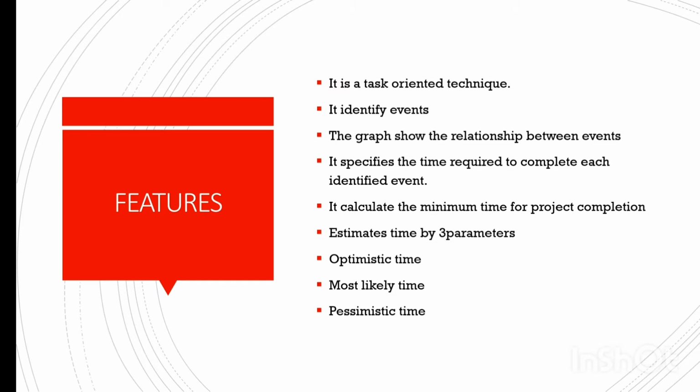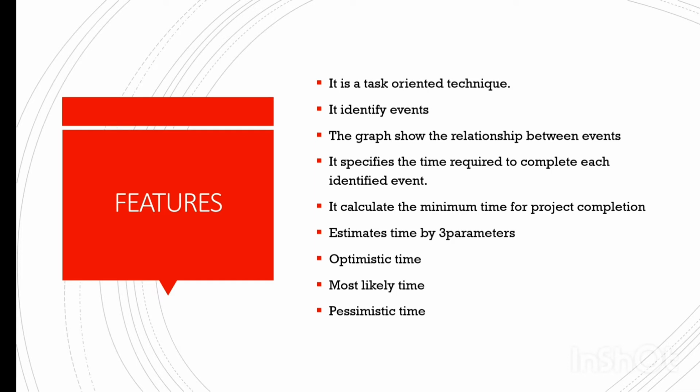So what is optimistic time? That is a time estimation based on the assumption that everything will go as per plan. They are calculating the time for this function or this event, thinking that everything will go as per the plan.